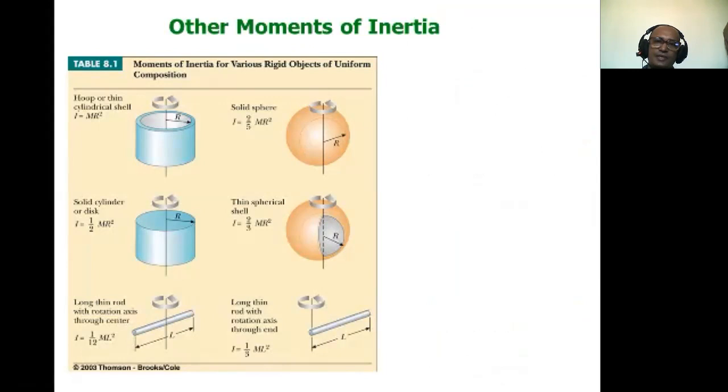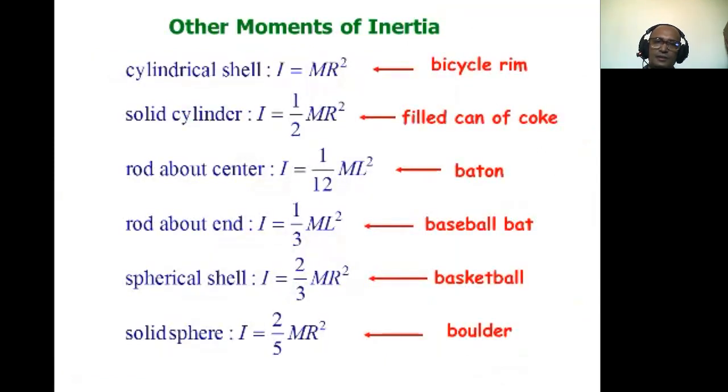Here is also the different shape. Depending on the shape and size and design, the moment of inertia also varies. In case of a cylindrical shell, it should be like this, solid cylinder like this, rod about center like this, rod about end like this, spherical shell like this.